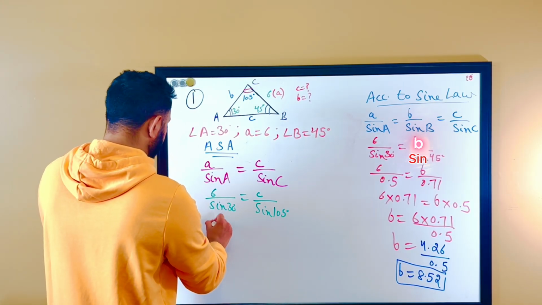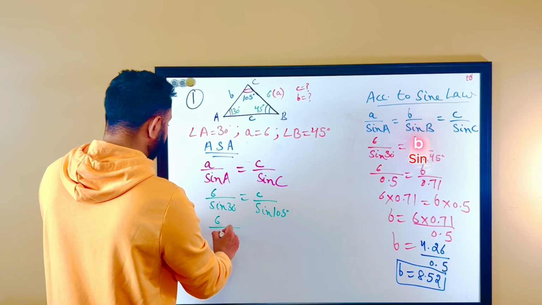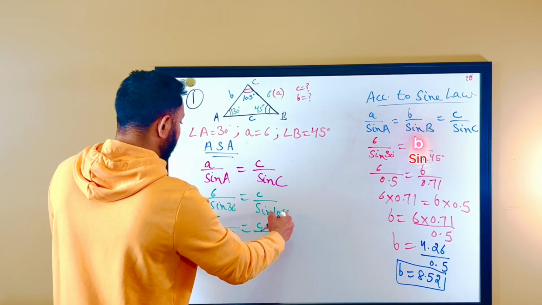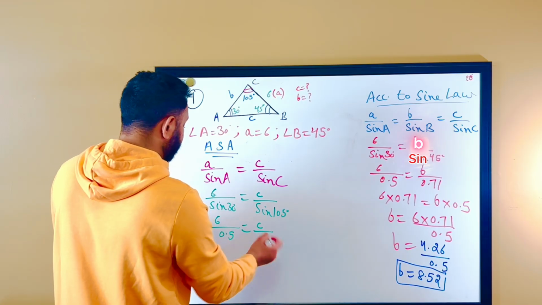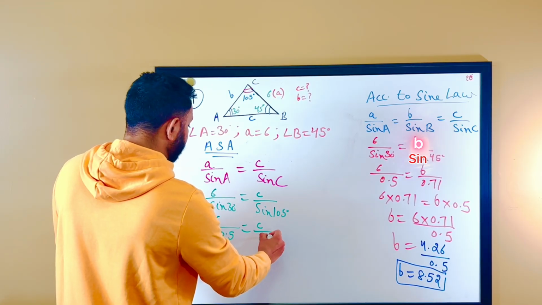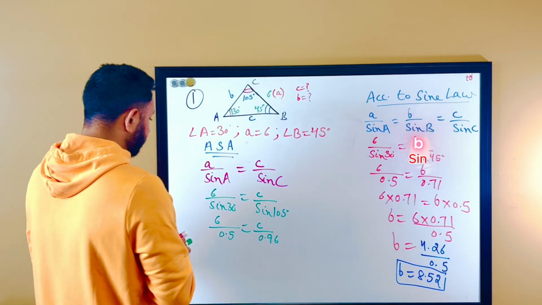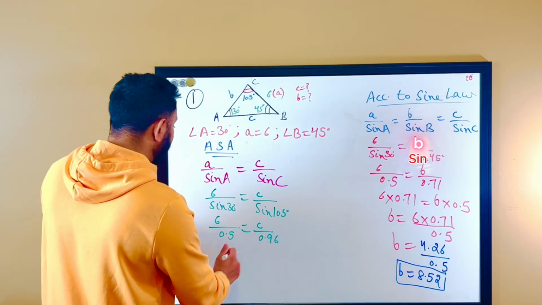So 6 over sine of 30, which is 0.5, equals small c over sine of 105, which is 0.96. Now we're going to simplify this.